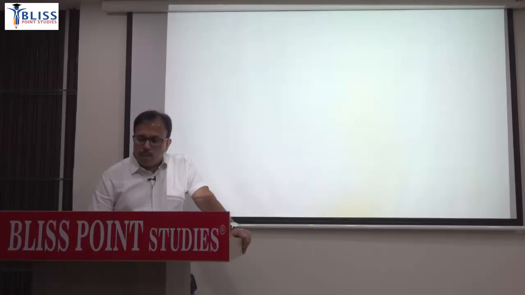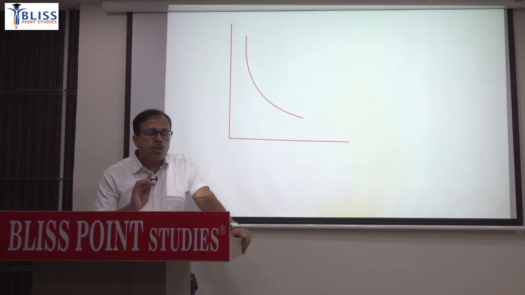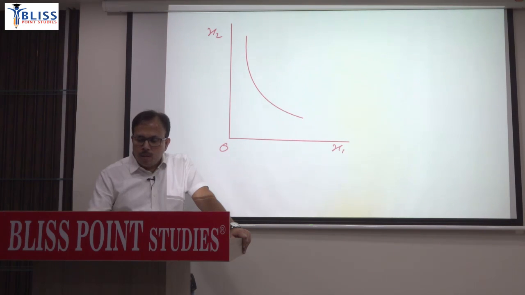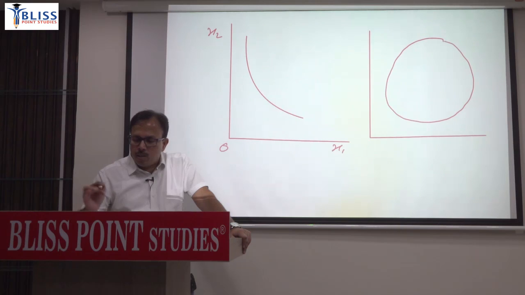The application side of this assumption is that when we draw an indifference curve, it will be negatively sloped only, and it is negatively sloped due to monotonicity. Actually, when you draw the indifference curve, remember it is a concentric circle. This is a concentric circle, but generally we do not draw it in the format of a complete circle.